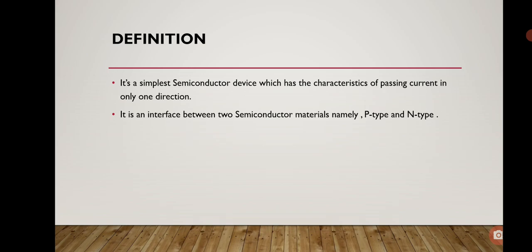It is the simplest form of semiconductor device which allows the current to pass through it only in one direction. It is made of silicon crystal doped with two types of impurities, trivalent impurity and pentavalent impurity, which are termed the P type and the N type.